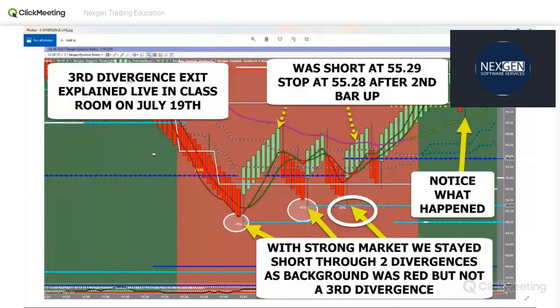If you get a third divergence, which you have to recognize the potential of on one chart before it happens, then you're going to be short, but you're going to get out after the second bar up, after a third divergence. So there's two situations: if it's a number one look and you get a third divergence, you get out. Or if you're headed in the wrong direction.